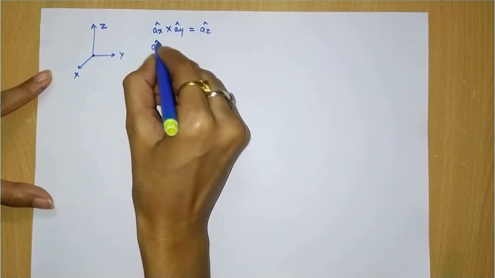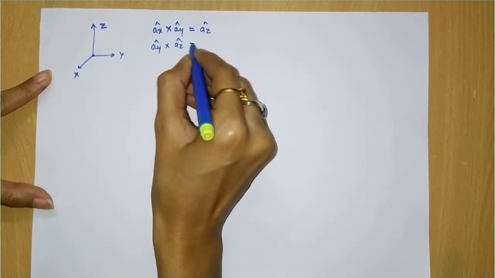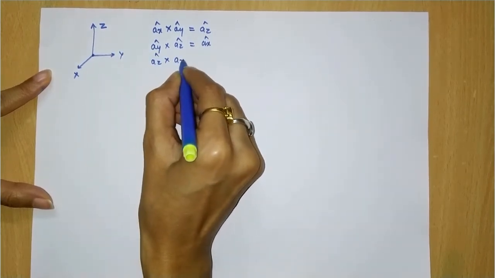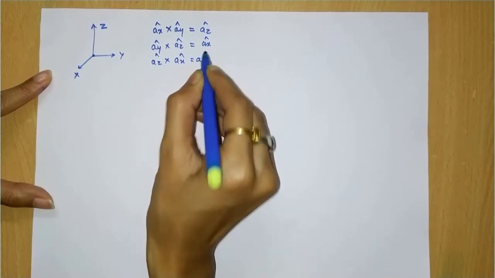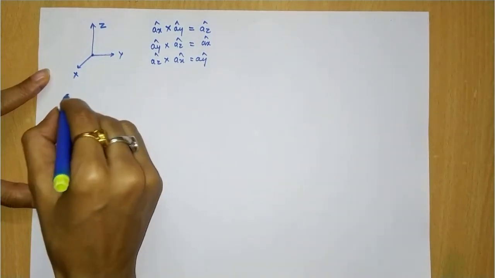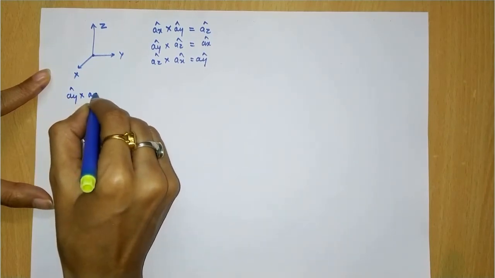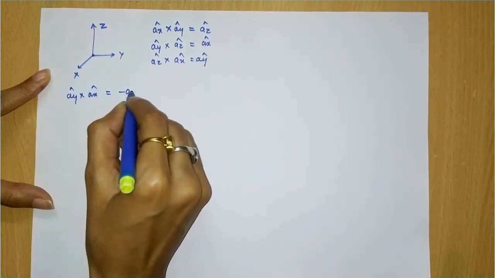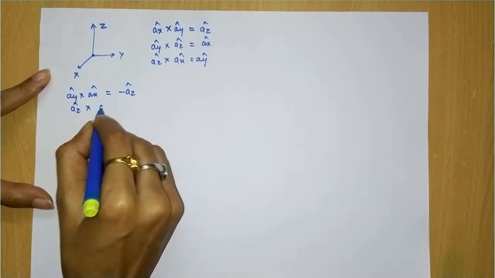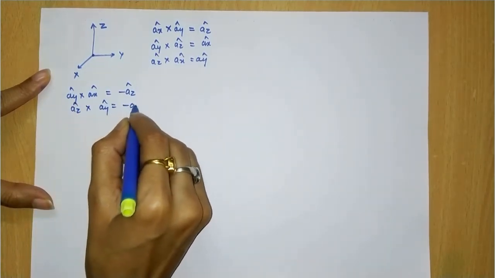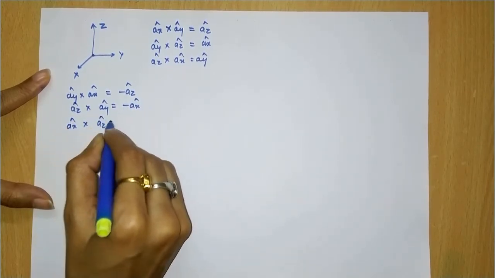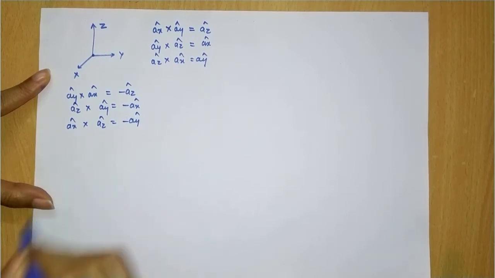Similarly, ay cap cross az cap is equal to ax cap, az cap cross ax cap is equal to ay cap. And see the opposite ones: ay cap cross ax cap is equal to minus az cap, az cap cross ay cap is equal to minus ax cap, ax cap cross az cap is equal to minus ay cap.